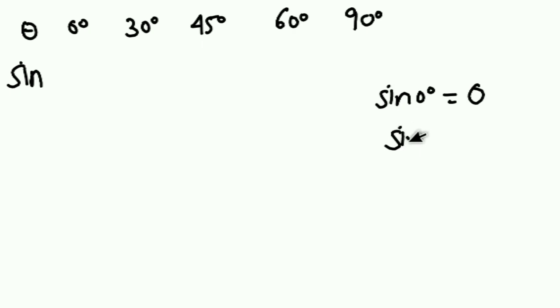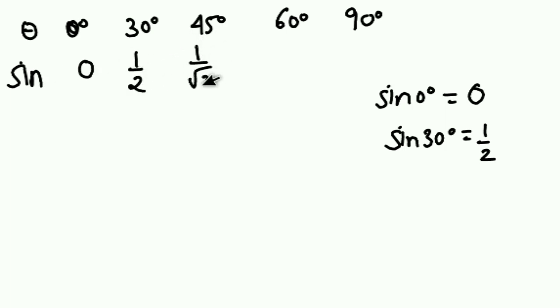And what will be the value of sine 30 degree? It will be half. So sine 0 degree is 0, and sine 30 degree is half. Sine 45 degree will be equal to 1 by root 2, sine 60 degree will be equal to root 3 divided by 2, and sine 90 degree will be equal to 1.